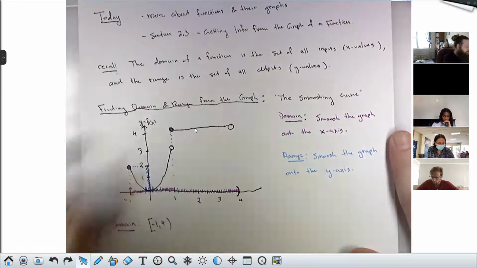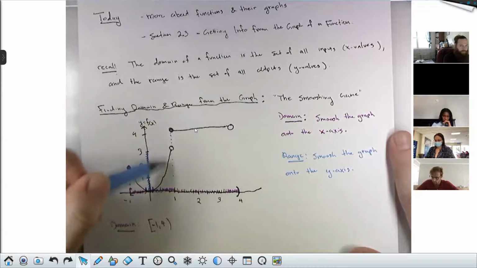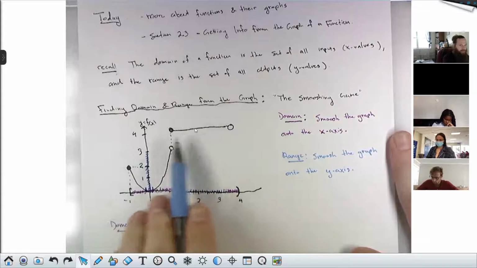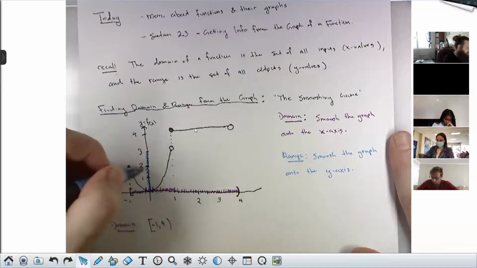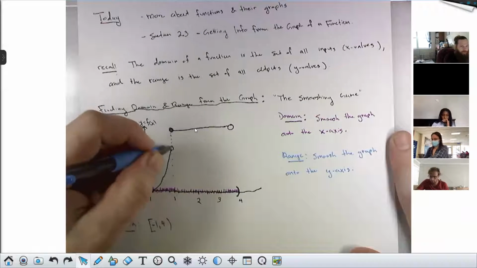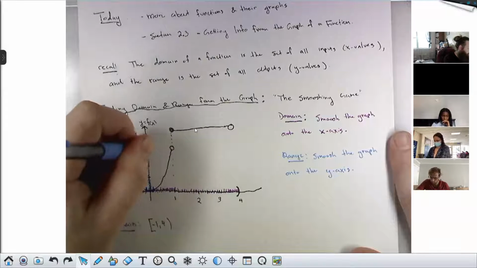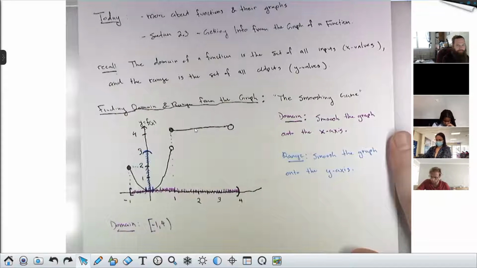This part of the graph, this piece right here, when I smoosh this in, is going to hit everything from 2 to 3. But it's not going to hit 3 because this point is open. There isn't actually a point on the graph there. So I would put a parentheses there.